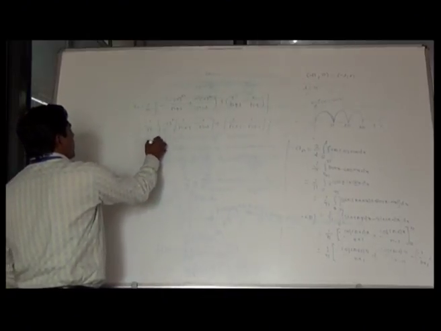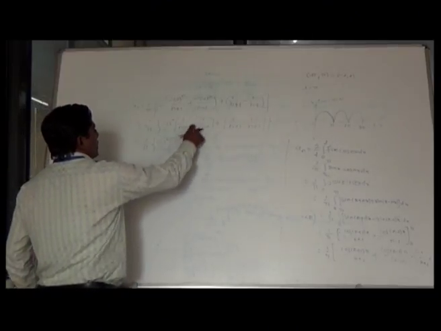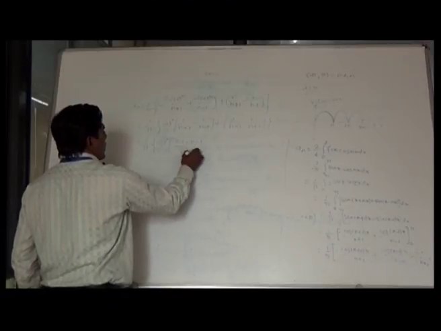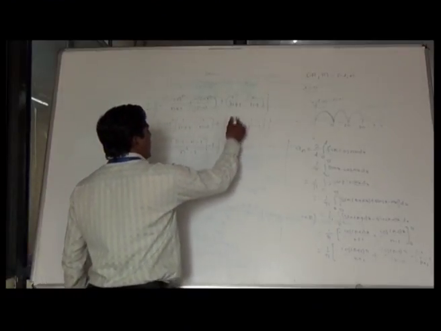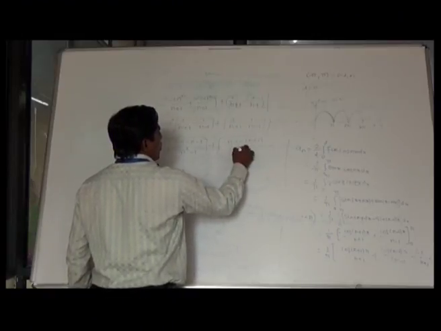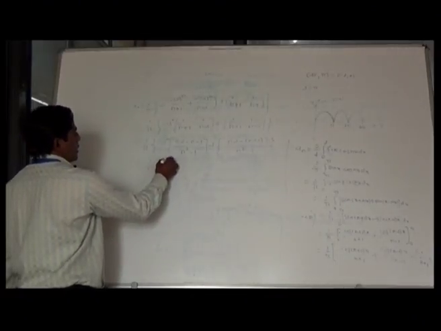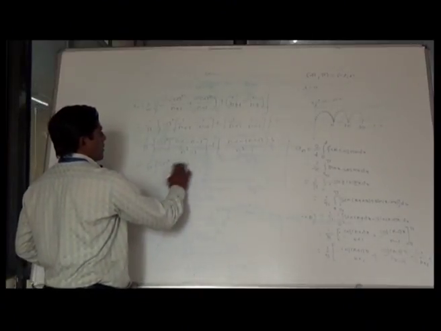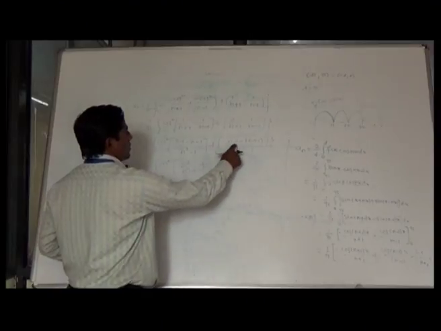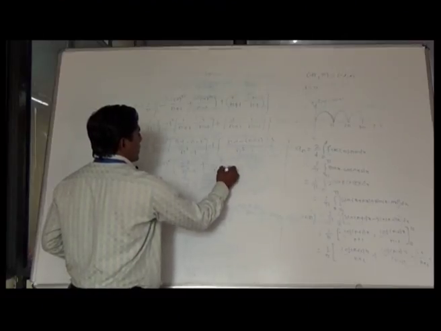Equal to 1 upon pi, minus 1 raised to n into (n minus 1 minus n minus 1) upon n square minus 1 plus (n minus 1 minus n plus 1) upon n square minus 1, bracket close, equal to 1 upon pi, minus 1 raised to n, plus minus n cancel, minus 2 upon n square minus 1 plus minus 2 upon n square minus 1.